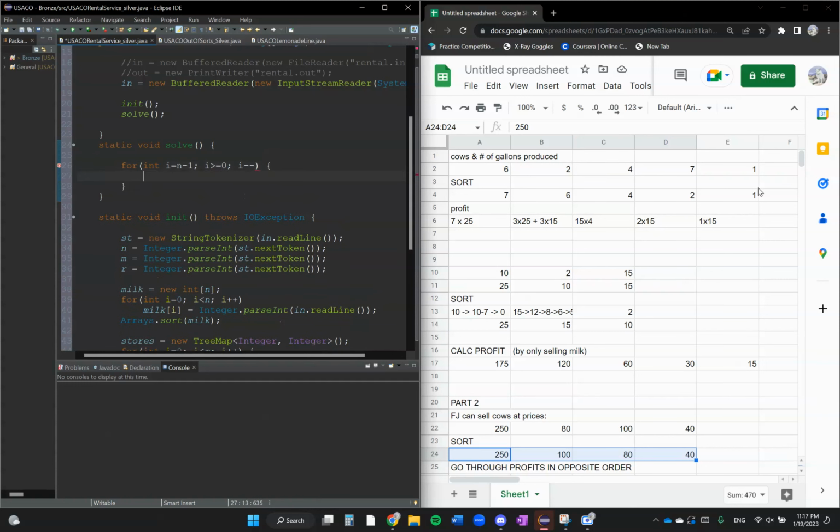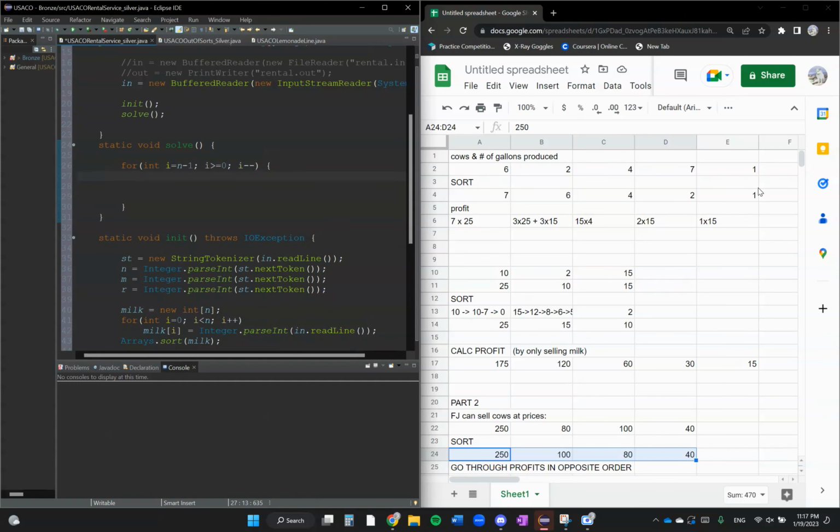So it's a reverse for loop. And then what we did is we found which store would offer the most money to buy a certain amount of milk, and then we just calculated how much profit each cow would make. So let's set a few variables here.